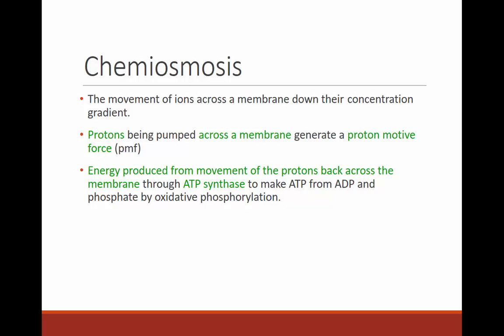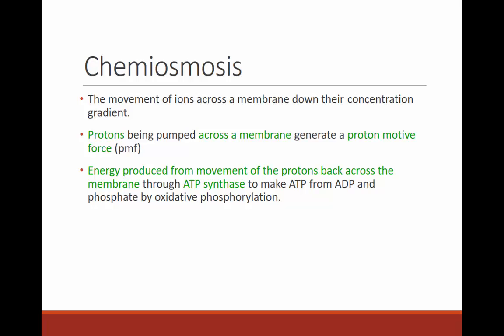Now, another term that we used was chemiosmosis. Chemiosmosis just means the movement of ions across a membrane down the concentration gradient. So it's kind of like osmosis with water, but in this one, it's the movement of ions, so chemicals, down their concentration gradients.